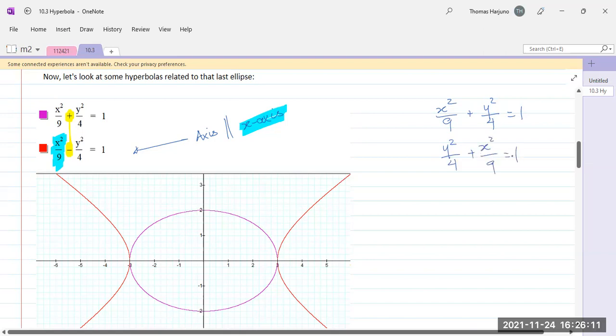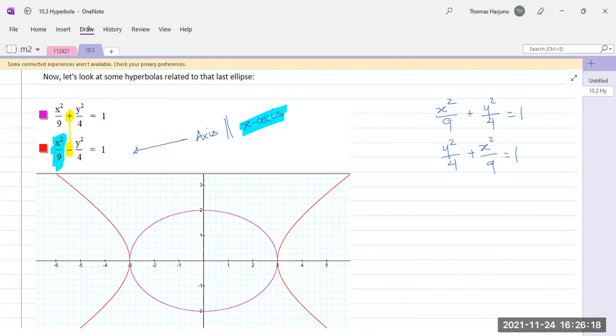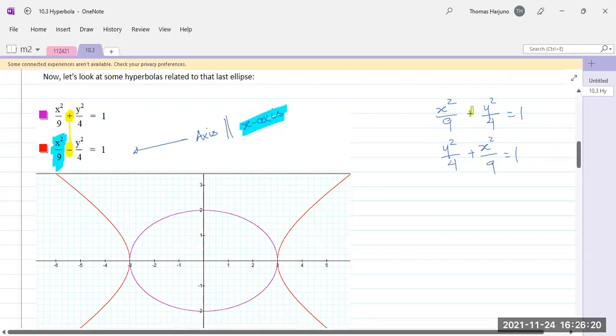These are exactly the same ellipse, right? But if I change the plus sign on the top here to minus, that's what we get. The hyperbola opens left, right.